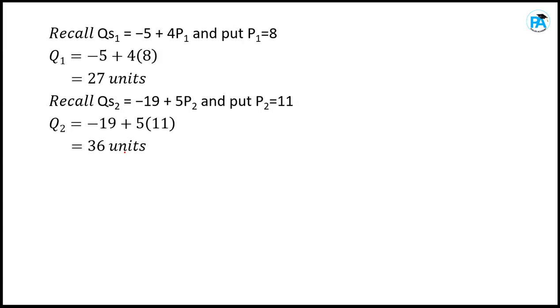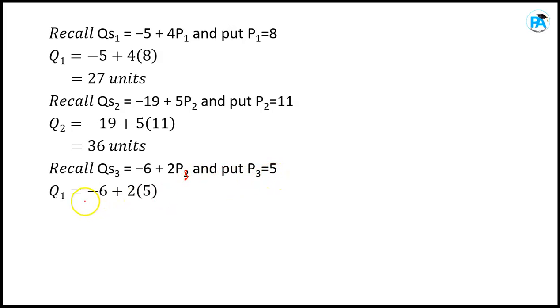Then, to get the equilibrium quantity of commodity 3, we are going to recall either of the equations, QD3 or QS3. But I decided to recall QS3 and put P3. Sorry, this was supposed to be 3, not 2, and put P3 to be 5.